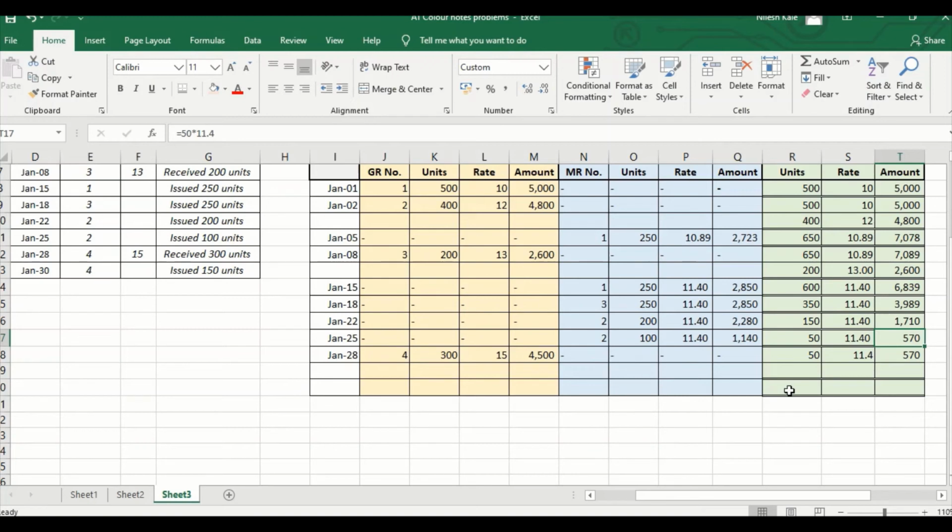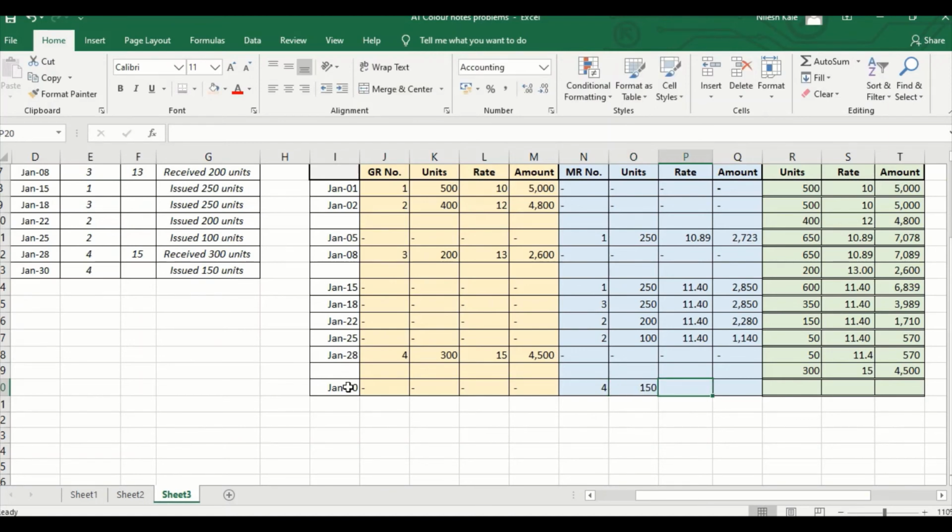I don't want this fraction. Now this new stock, I'm going to write it here. That is 300 at rupees 15, and the amount is 4,500. Now as on January 30th, we have issued from the fourth stock, from the MR number 4, we have issued 150 units.